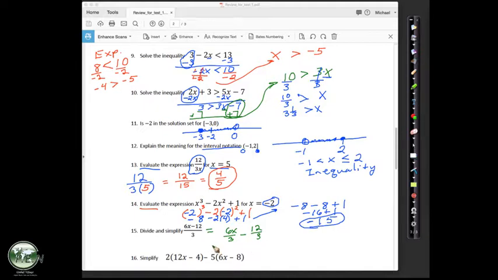And then we reduce. 6 divided by 3. 3 goes into 6 2 times. So we're going to be left with 2x. We still got the minus. 12 divided by 3. It's 4.